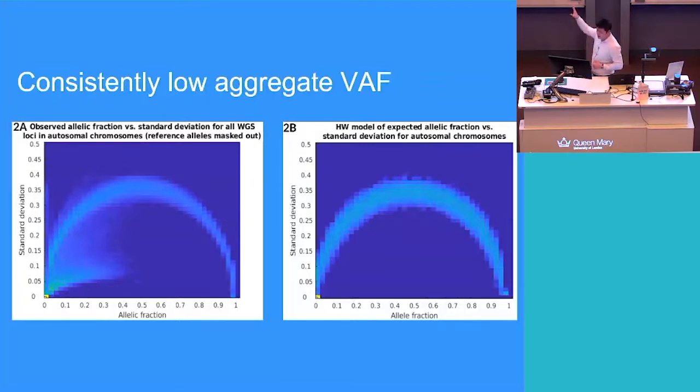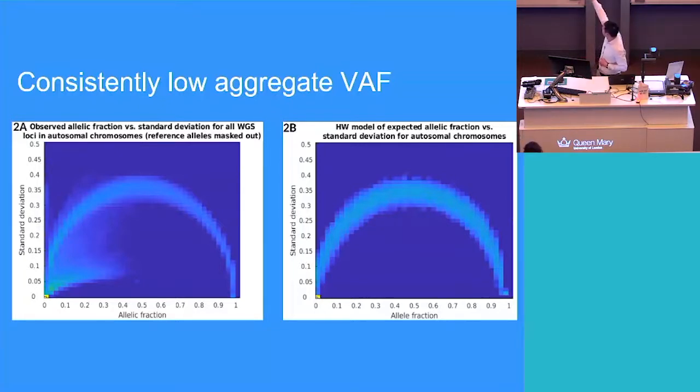So we did this first on 150 patient samples from a collaborator in San Francisco, Personalis, and we observed that if we plot the allele fraction and the standard deviation across patients, there is a group of variants with low allele fraction and low standard deviation.